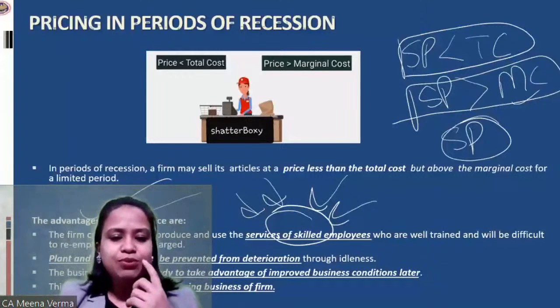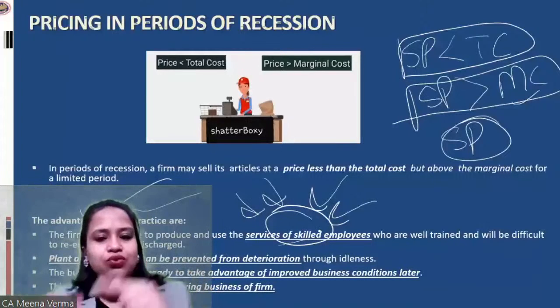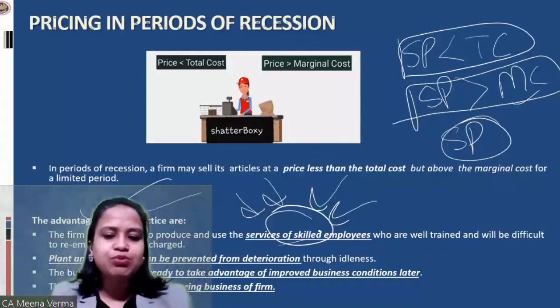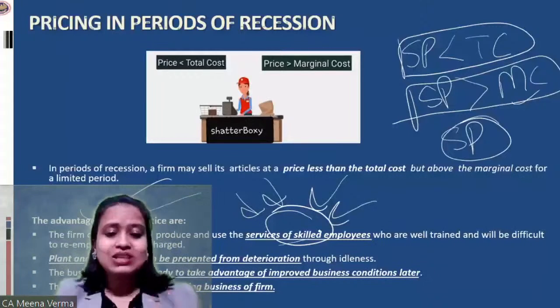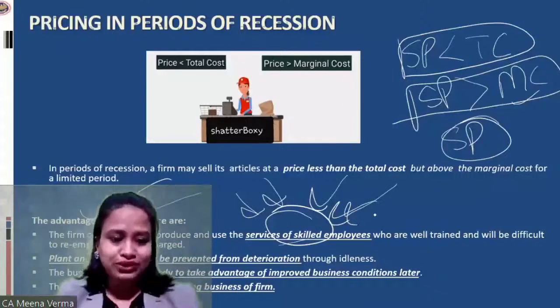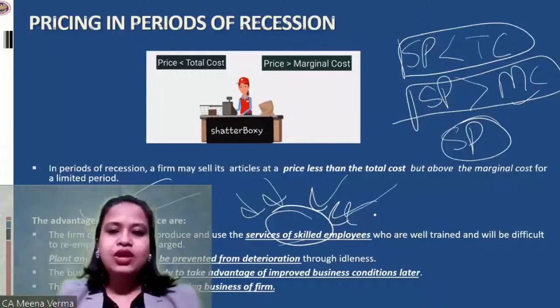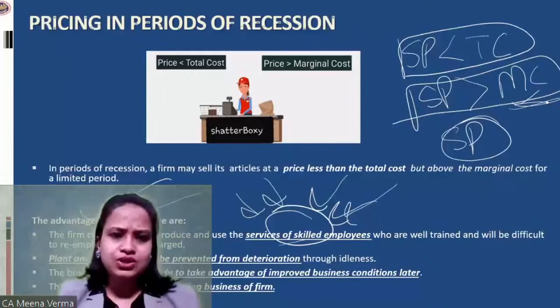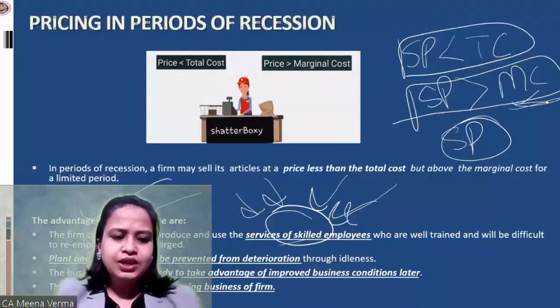In such case, you may remove some skilled employees, and once the situation improves and you want to reopen your business, you will not get such skilled employees again. So you should not do this. Keep your skilled employees with yourself, and keep recovering your variable cost from your business.